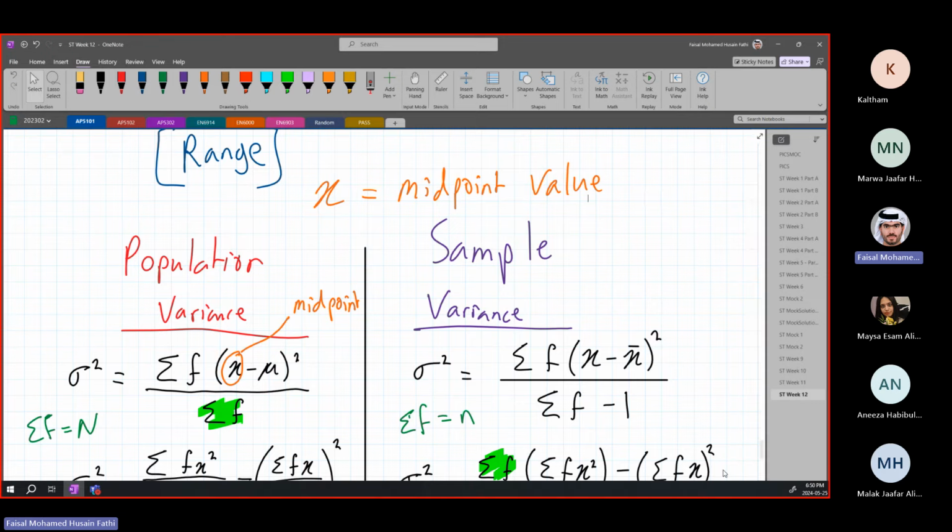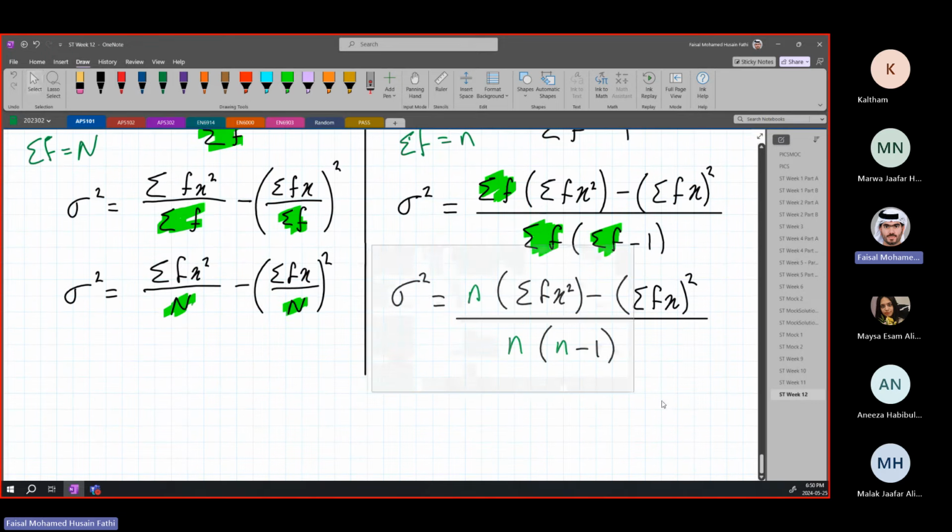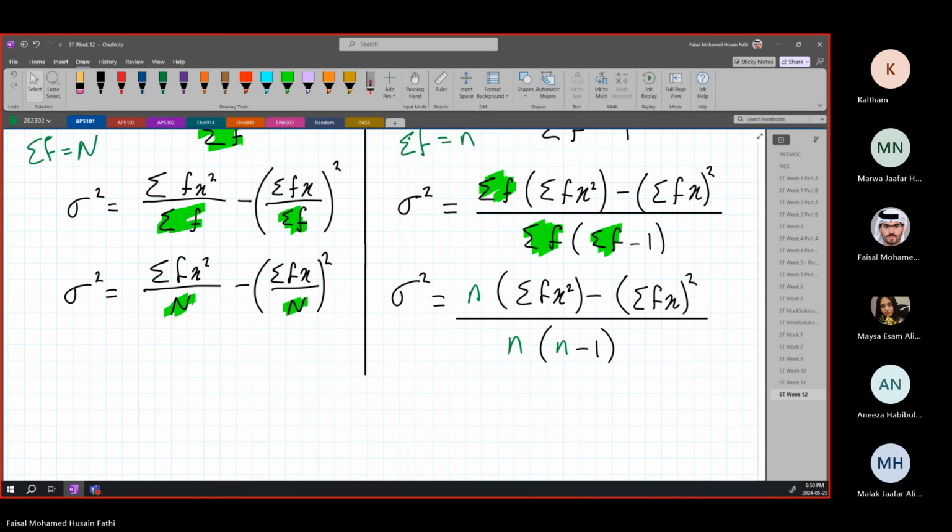This is the only difference, but the application is going to be the exact same application, as you will see now. You're going to be solving it by finding your same sigma fx squared and sigma fx, and then your n for the population, and the same thing again here for your sample variance instead of population.